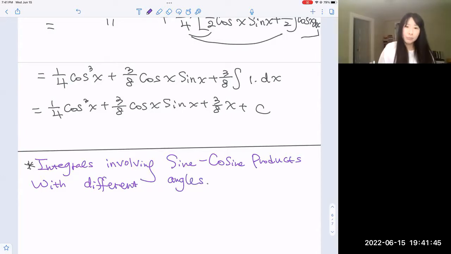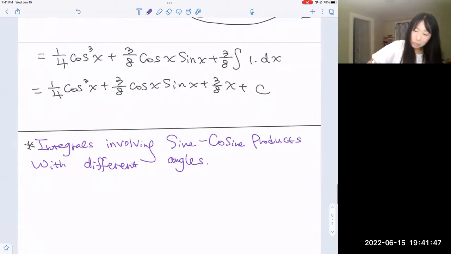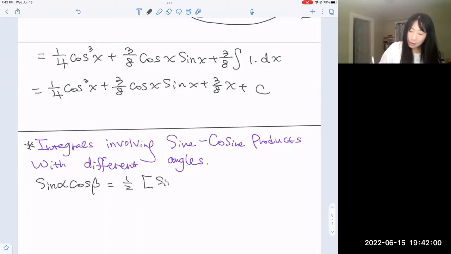All right. So look, sine alpha cosine beta equals 1/2 of sine alpha minus beta plus sine alpha plus beta.